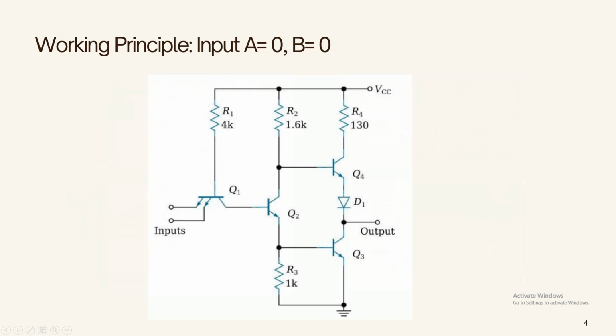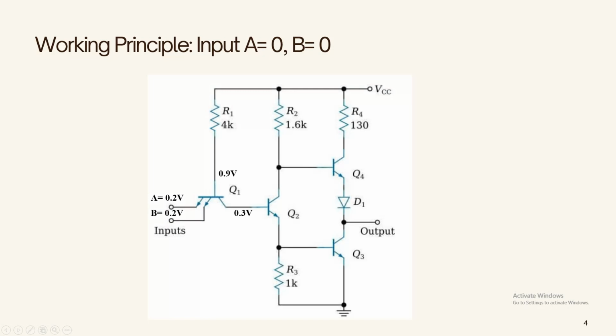Let's say we have two inputs at low logic conditions. If we give A and B equal to 0.2 volt at the input side of the emitter of Q1, in order to have a forward bias at the base emitter junction, we need at least 0.9 volt at the base node, and that would give us 0.3 volt at the collector node if we assume there is a 0.6 volt drop at the base collector region.